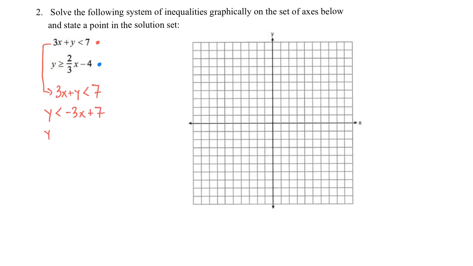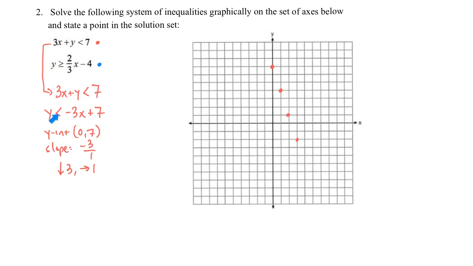My y-intercept in this case is going to be 0, 7. My slope is -3 over 1, which says go down 3 and go right 1. So 0, 7 for a y-intercept. 1, 2, 3, 4, 5, 6, 7. And then from there, I'm going to go down 3 and right 1, down 3 and right 1, down 3 and right 1.